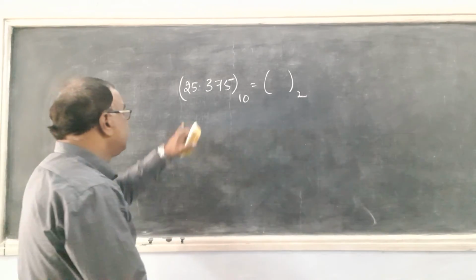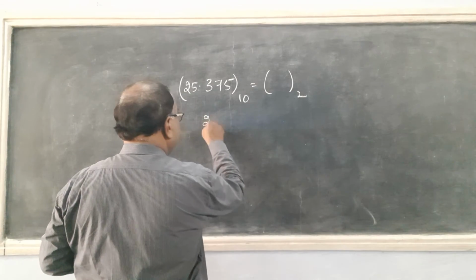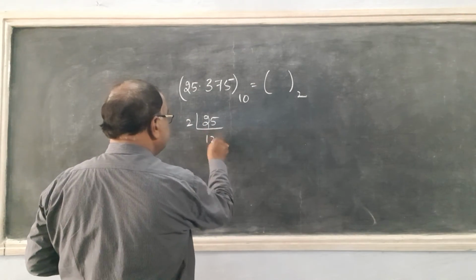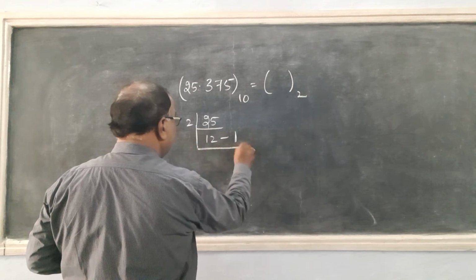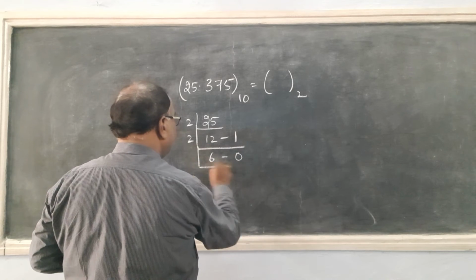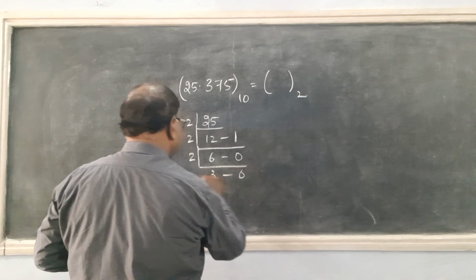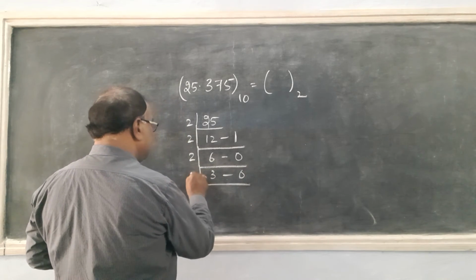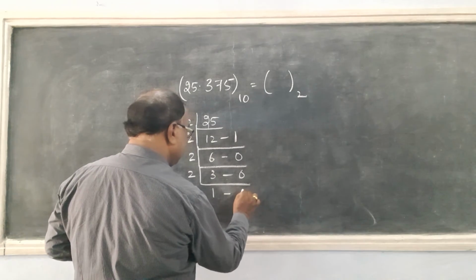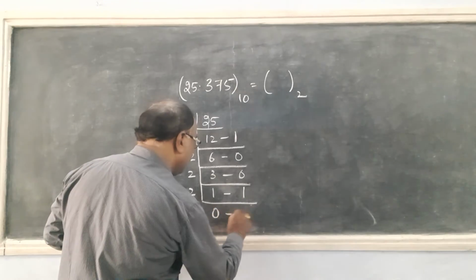So first you consider the integer part, 25. So go on dividing it by 2. So this is 12, remainder is 1, 2, this is 6, remainder is 0, 2, 3, remainder is 0. So again divided by 2, 1. So this is a 1, then 2, 0 and 1.